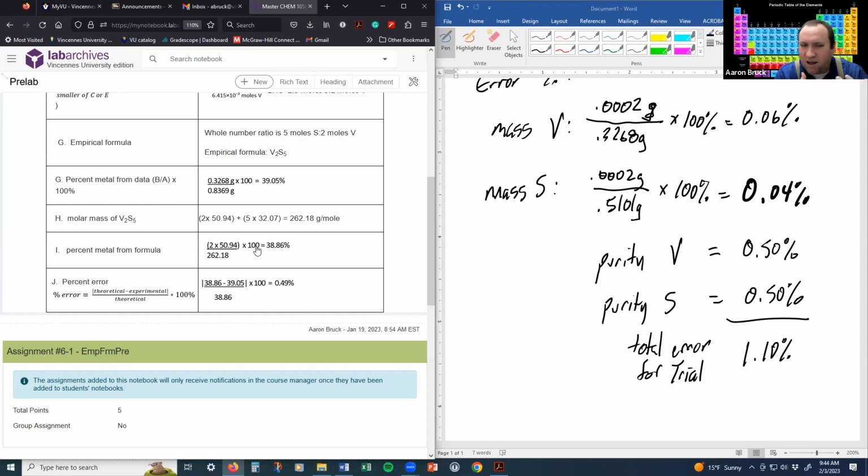Now, what does that say? Well, if the compound itself is actually Cu2S, what that says is that you had extra sulfur in your crucible at the time of weighing. Where did that extra sulfur come from? Well, it could be that at a microscopic level, you didn't burn off all the sulfur. And so you would need to go back to the procedure and ask, did I do the procedure as well as I could have?